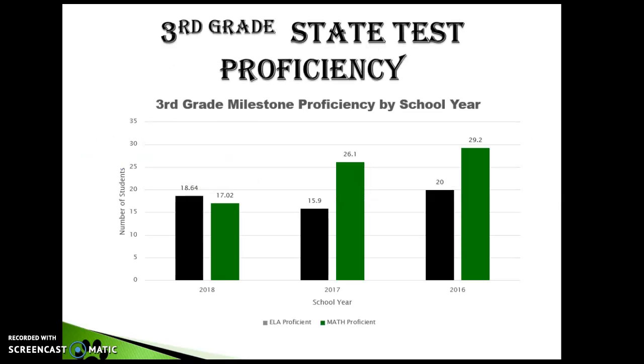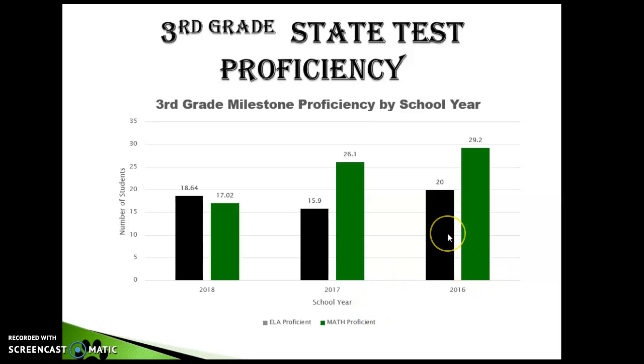Okay, so let's take a look at this. This is 3rd grade state proficiency. With this slide, we are going to look at 3rd grade milestone state proficiency for ELA and math by year. So let's look at our graph.